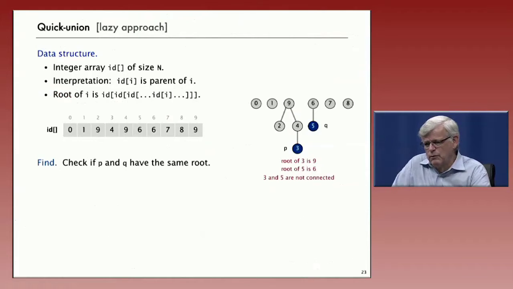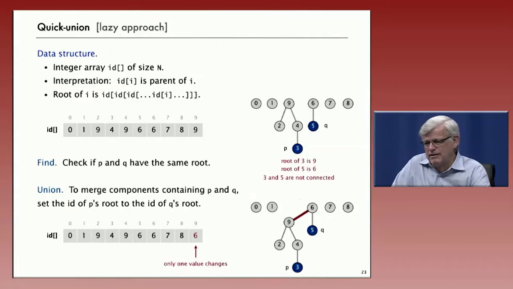Now, once we can calculate these roots, then we can implement the find operation just by checking whether the two items that we're supposed to check whether they're connected have the same root. That's equivalent to saying, are they in the same connected component? So that's some work to find the roots of each item, but the union operation is very easy.